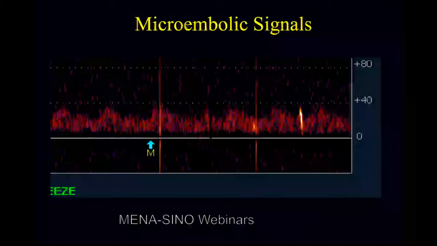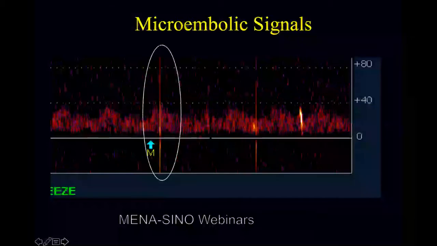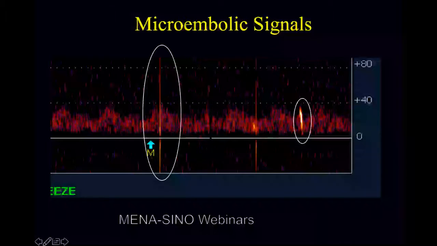So if you have an MCA stenosis, I advise my sonographer to monitor the M2. If you have a stenosis in the M1, I monitor the distal MCA in the M2 or M3. If you have a terminal ICA, I monitor the M1. If you have a mid-basilar, I monitor the distal basilar. And this is critical: you need to monitor distal to the stenosis, not at the stenosis. And this is an artifact, and this is a real emboli.